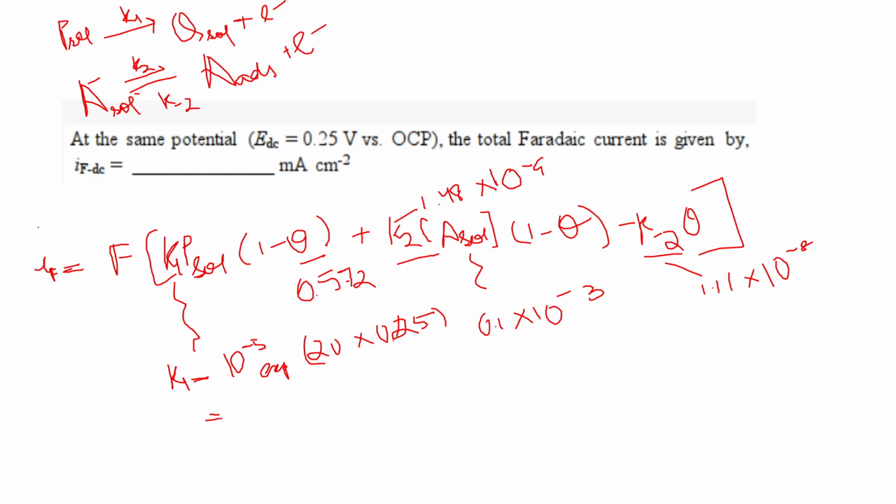So what is K1? 10 to the power minus 5. I will also do the calculation once again before saying the final answer. Exponential of 20 into 0.25. So it's 1.48 into 10 to the power minus 3. Please substitute. Tell me what do you get?